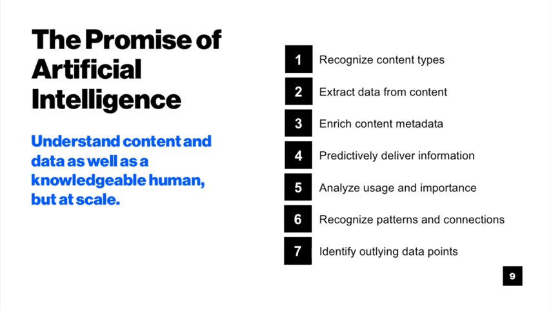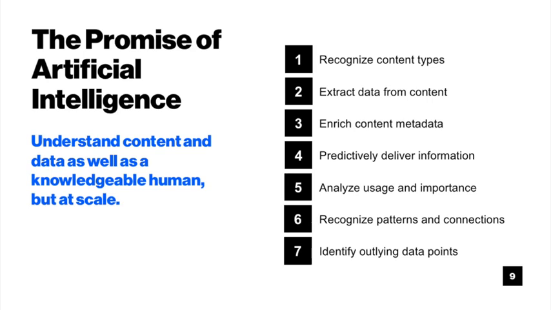And as part of that, enriching the content metadata, thinking beyond just the basic metadata that goes with our content, and how can we enrich it and make it more useful across the organization? How can we really drive value from that metadata? We're also looking at AI to predict delivery information and analyze when things are being used and what's being used, what's important to the customer, and what assets are getting the use, and start to recognize the patterns and connections across that, and then enable us to identify some of the outlying data points.